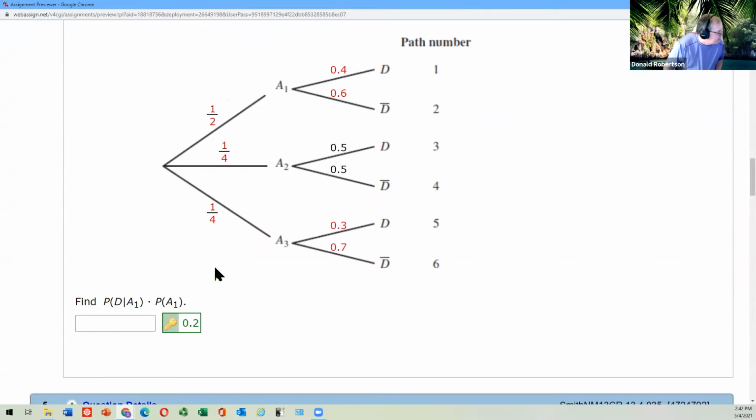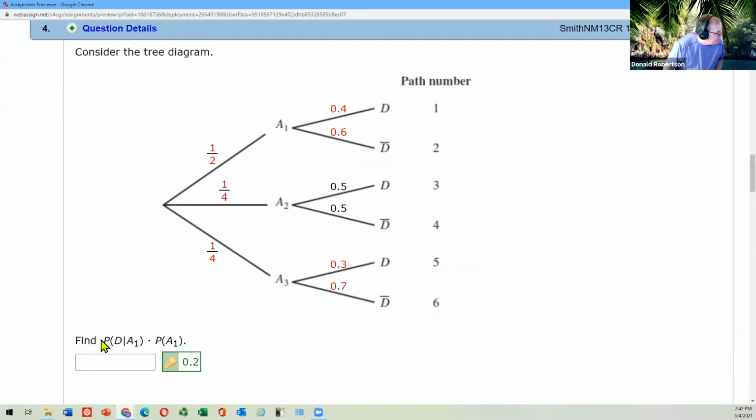Oh, now find this guy. Somewhere in this tree diagram, there's a pathway that represents this guy. So the way I tend to read these is A1 first, which is this one, followed by that guy, which is this one.